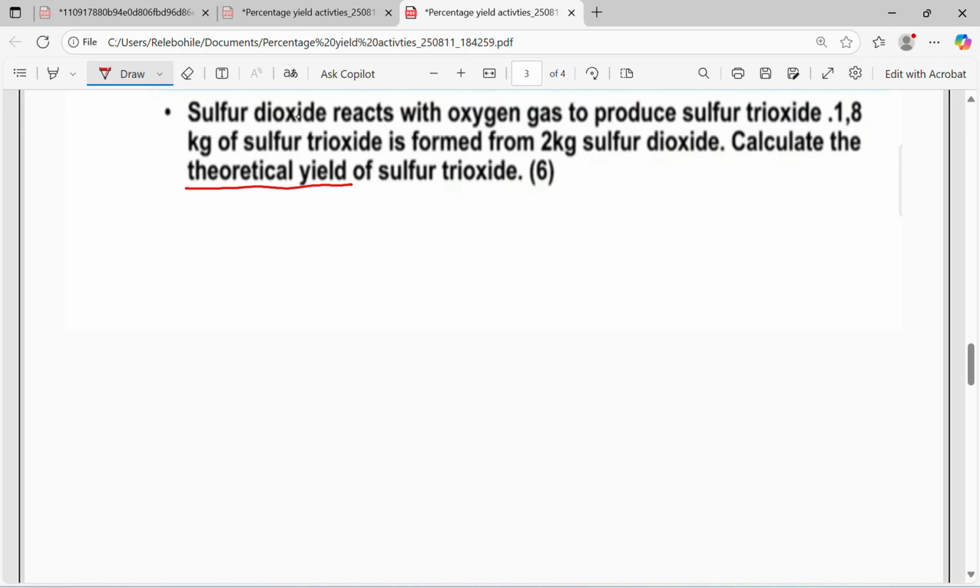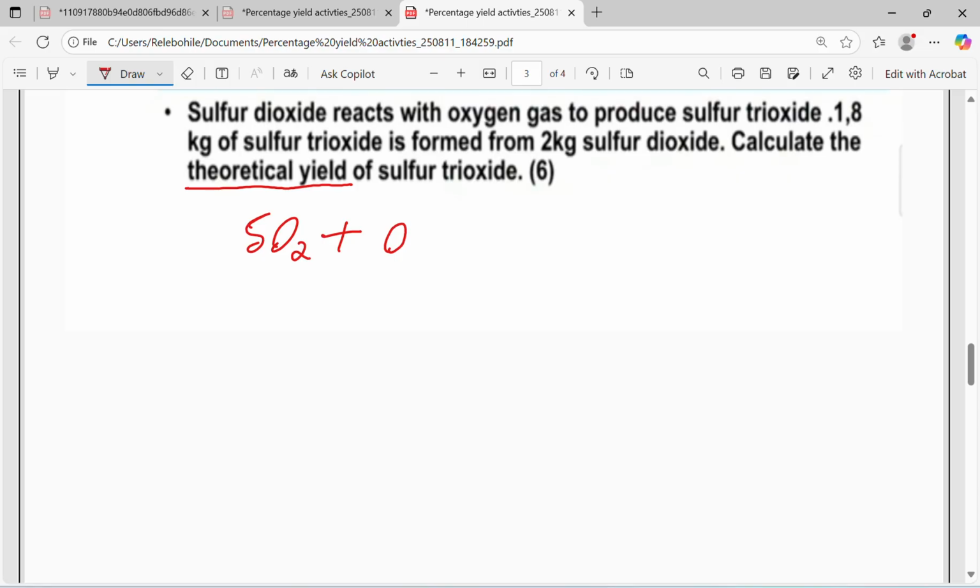Well, we see here that we have sulfur dioxide which reacts with oxygen, so we need to understand what sulfur dioxide is. Sulfur dioxide will be SO2, and then reacts will be our plus with oxygen. And oxygen will be O2 since it's a diatomic molecule or gas.